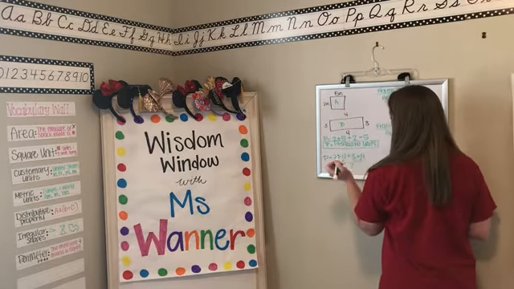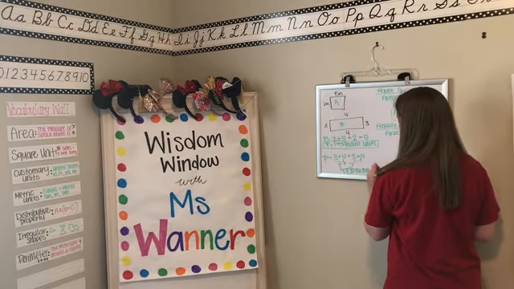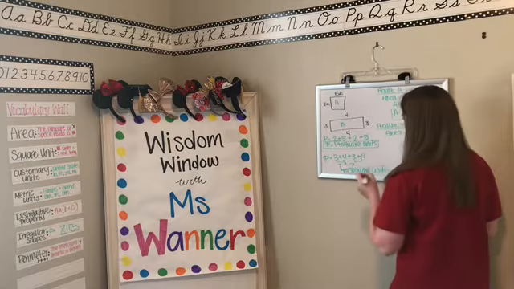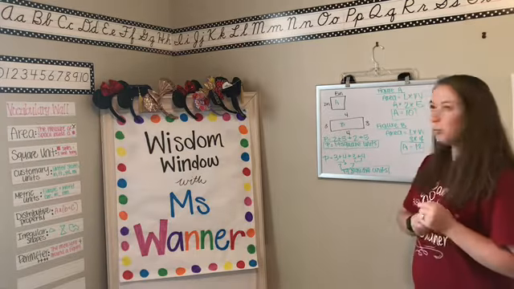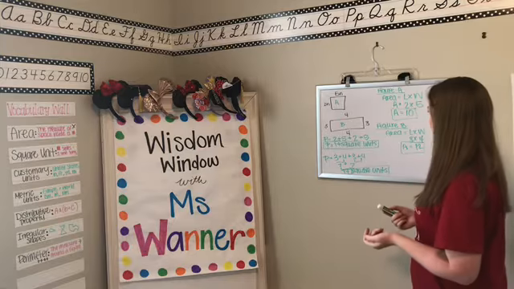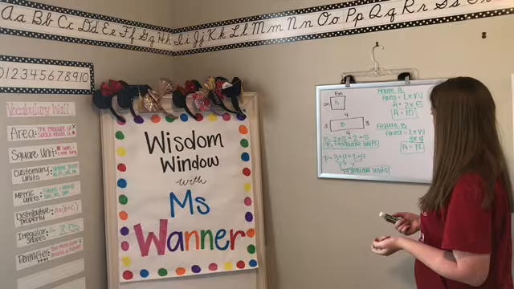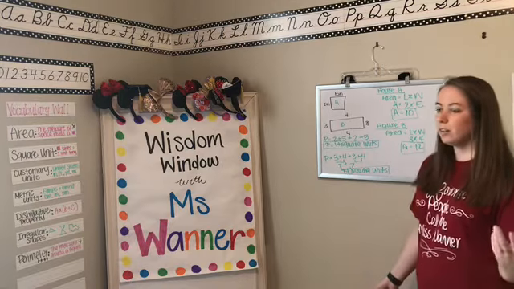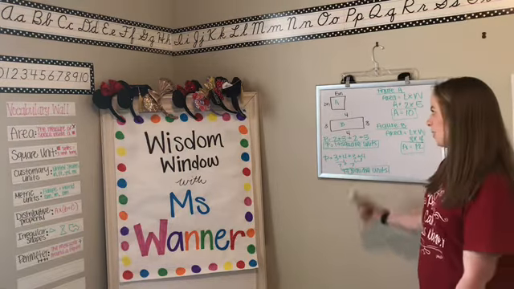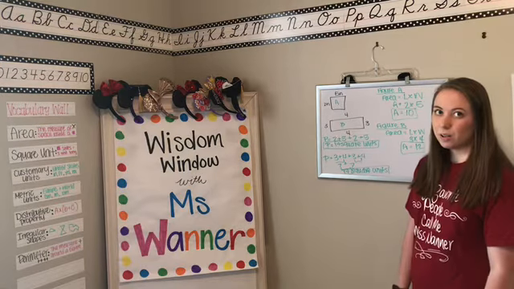Oh, square units. Alright, so now I solved my problem. Did I do something incorrect? So I know I didn't find the same area, but I did find the same perimeter. Is there something else? Do you notice it?